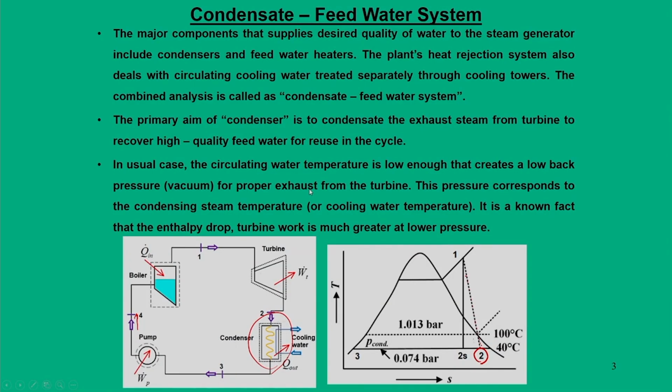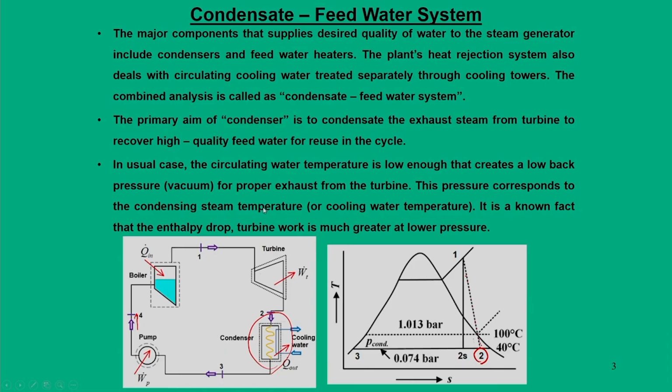But our main role in this lecture is that we are going to deal with the important component, that is the condenser. Its main role is to condense the exhaust from the turbine to recover high quality feed water for reuse in the cycle. As you can see, at state 3, the condensate or the high quality feed water gets circulated in the cycle.